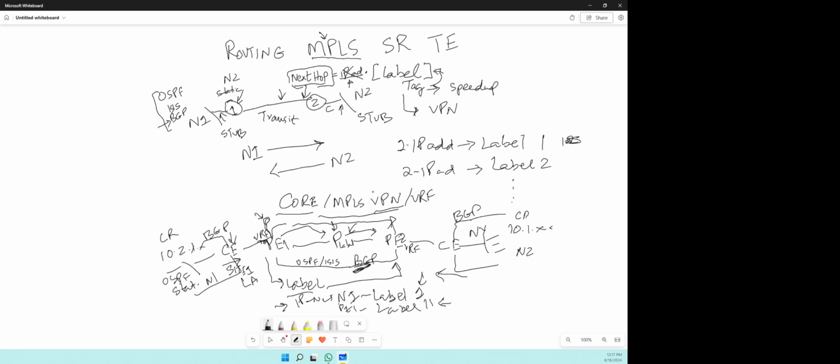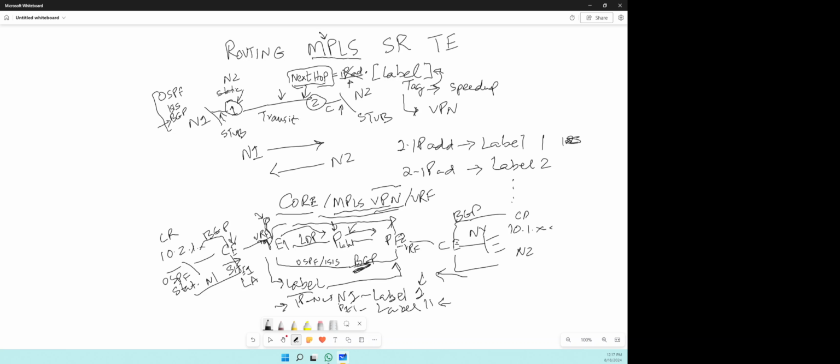That's the high-level concept, and I'm not going to dig into the step-by-step process. You have tons of documentation and videos out there, but moving forward, that's how VPNs work, and that's how labels are getting distributed. When I say distributed, you've got to use another protocol called LDP.